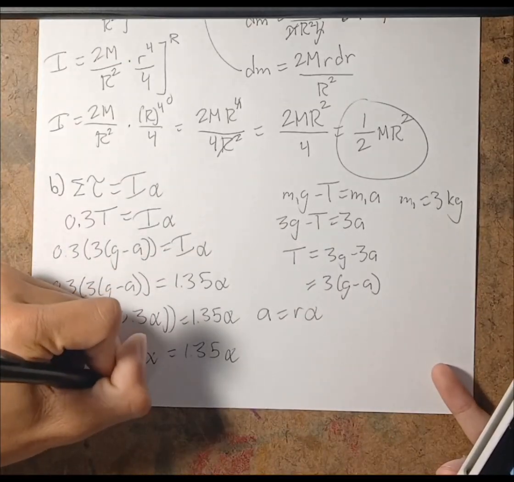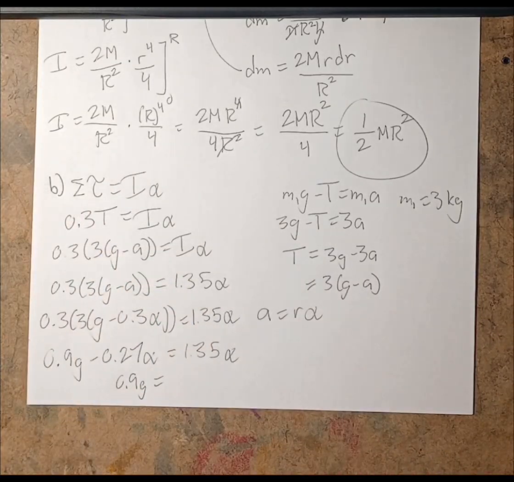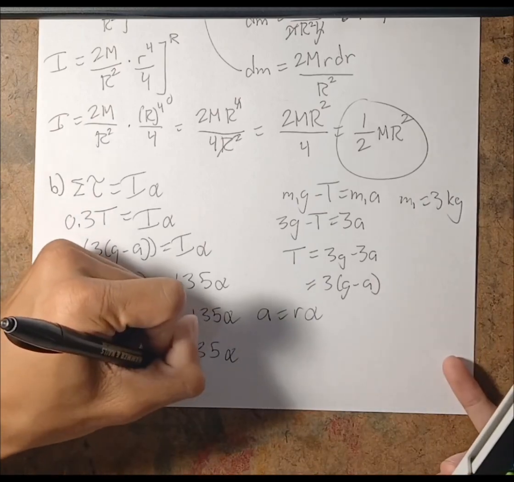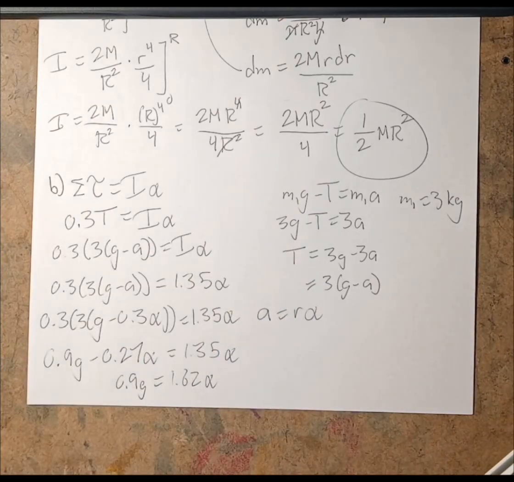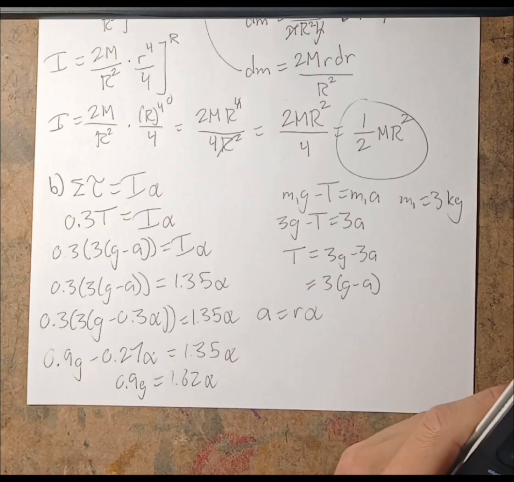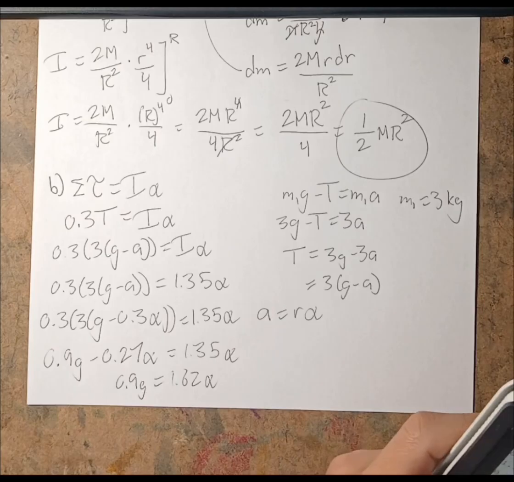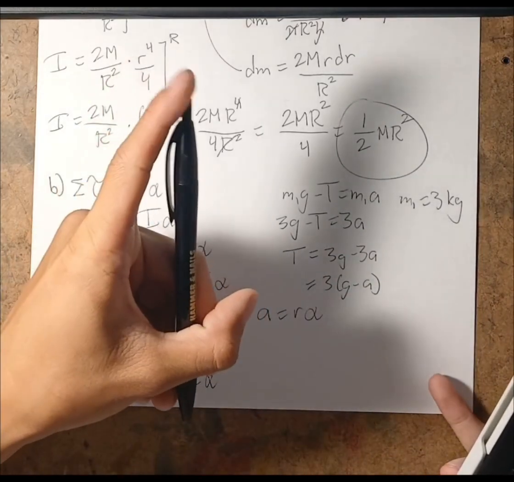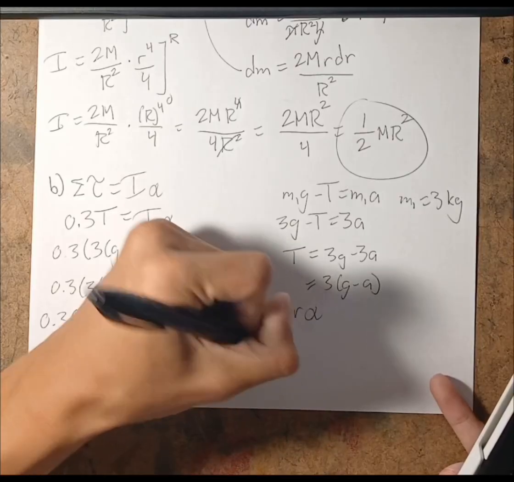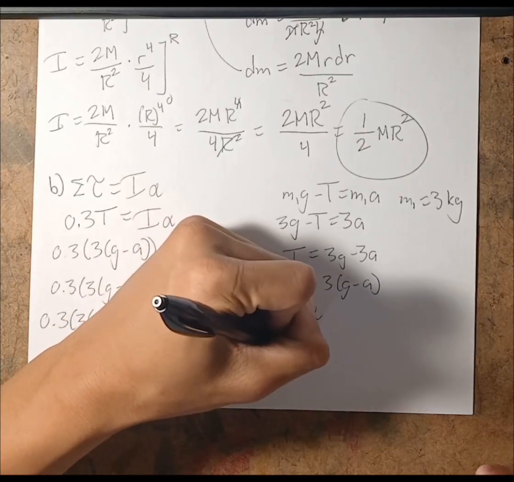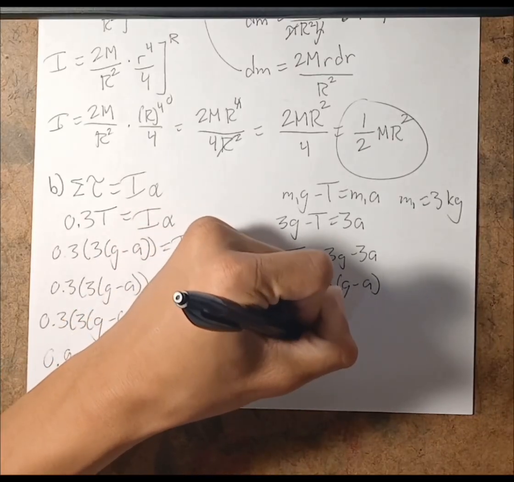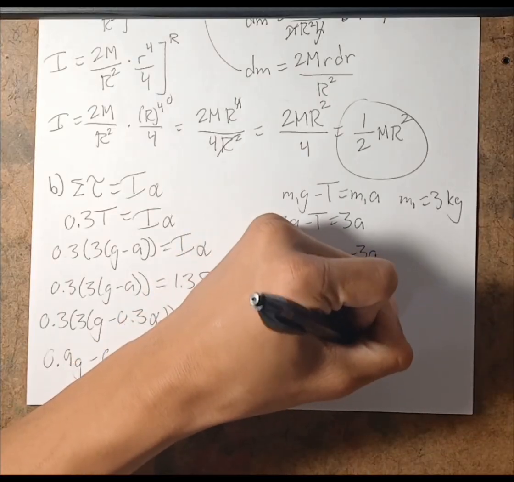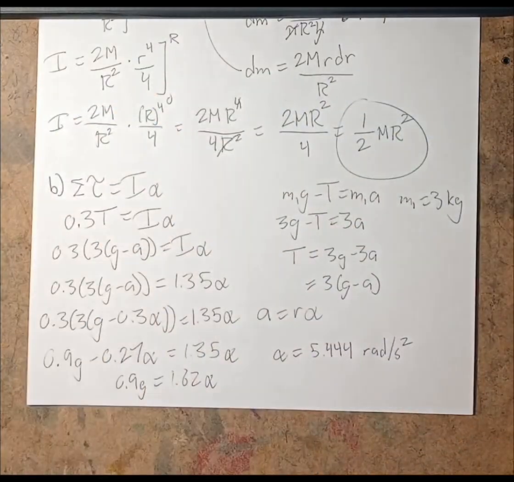So 0.9 G equals 1.62 alpha. And so alpha, the angular acceleration of the cylinder, is 5.444 rads per second squared.